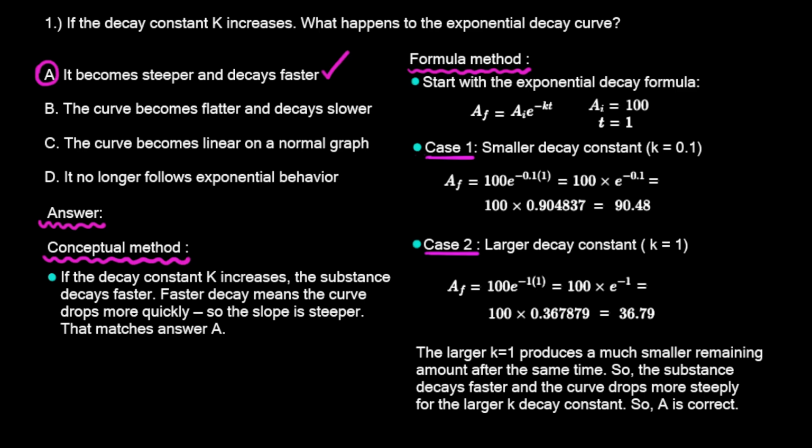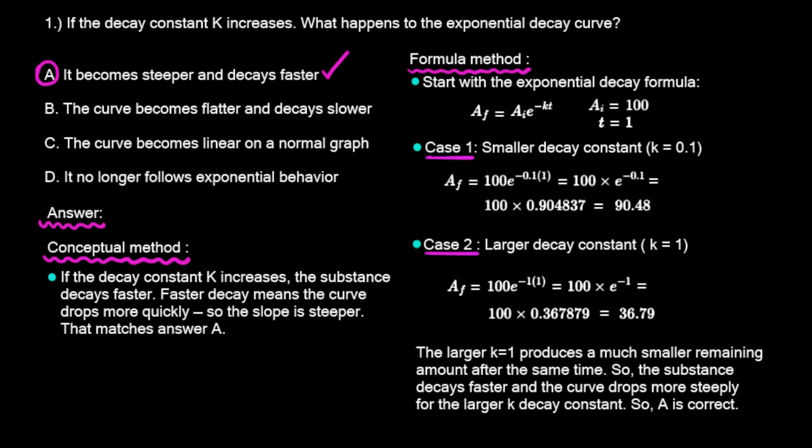As you can see, when comparing these two cases, a substance with a larger decay constant has a smaller final amount after the passage of a certain amount of time compared to the substance with the smaller decay constant. So this means that a larger decay constant produces a faster decay and a steeper slope.